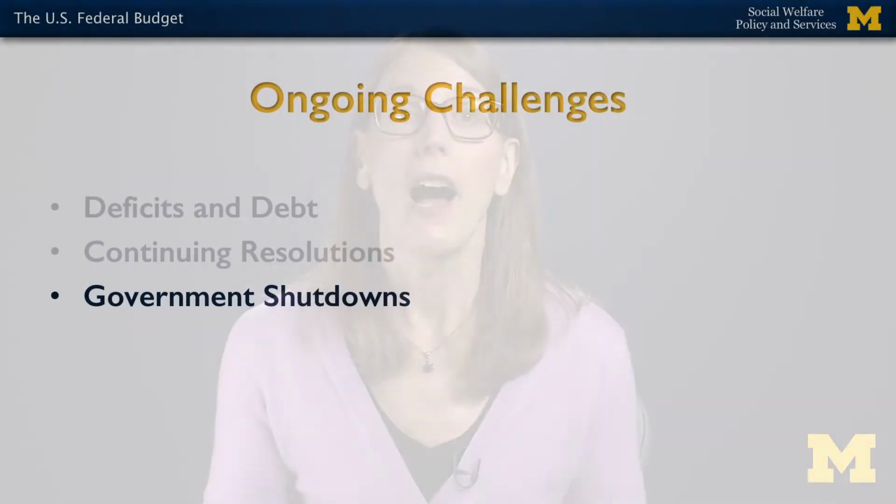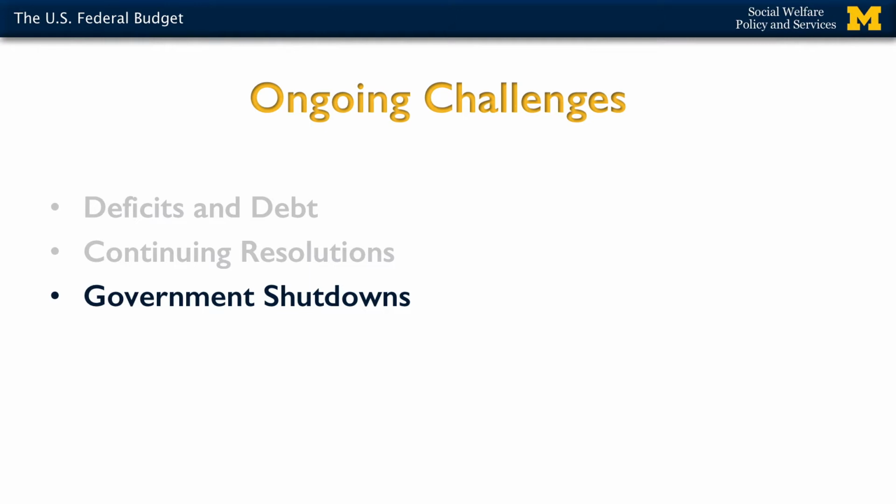These are stopgap funding mechanisms that keep the government running and keep funding typically at levels that it had been in the past. No new legislation necessarily gets created, no new spending bills are passed, but a continuing resolution allows the government to keep running and doing business as is. If continuing resolutions aren't passed, or if a new budget resolution is not passed, the government then will shut down.